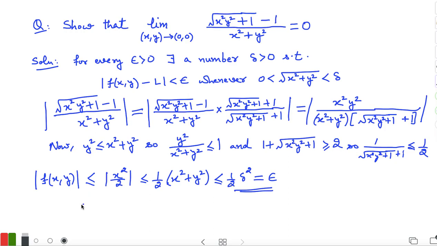Okay, so we can say that by choosing delta to be the square root of 2 times epsilon, we can immediately say that for every epsilon positive we have a delta positive such that the modulus of f(x, y) minus L is less than epsilon whenever root of x squared plus y squared is less than delta, which immediately proves that as (x, y) approaches the origin, the function f(x, y) approaches the point L, or the limit of f(x, y) as (x, y) goes to the origin is L. Okay? So choosing this as delta for every epsilon, we have the result.